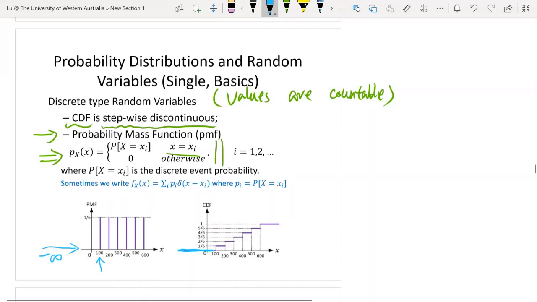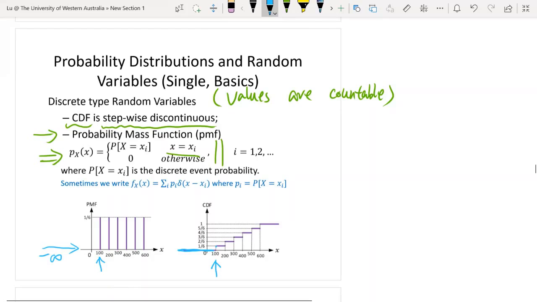The height is 1/6. So correspondingly, in the CDF function, at x equal to 100, the curve suddenly changes to 1/6 because we have to add up this x equal to 100 impulse into the CDF. Then at 100, we are moving to 1/6.